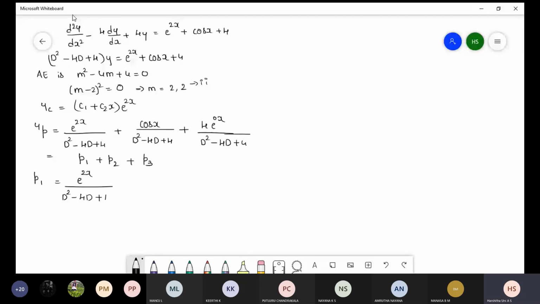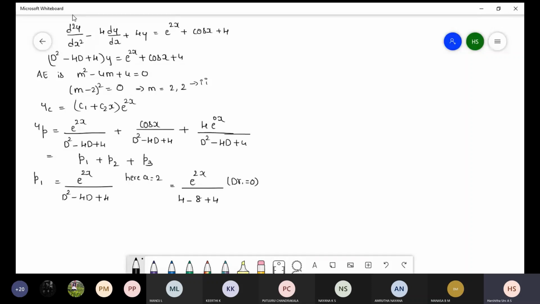p1 is equal to e power 2x divided by d square minus 4d plus 4. Here a is equal to 2. So e power 2x divided by 4 minus 8 plus 4. That means denominator is equal to 0.